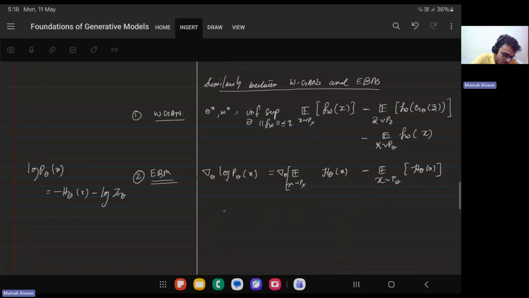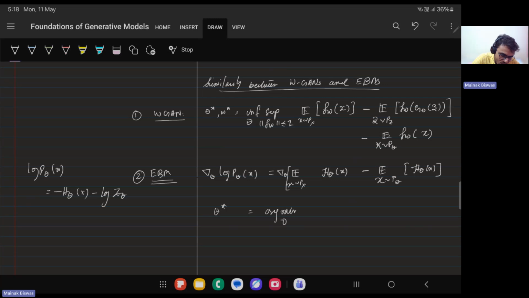So you can see the log P theta, the objective function, the theta star is the arg min over theta of the expected value of H theta of x minus x from P theta of H theta of x, which is exactly the formulation of the energy-based or the Wasserstein GAN.